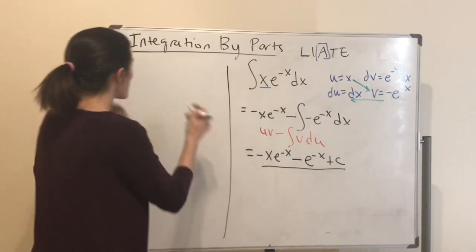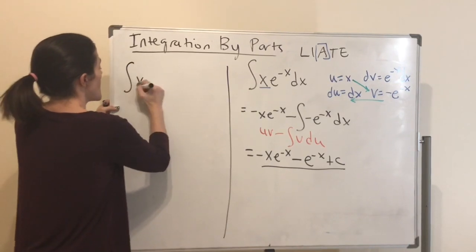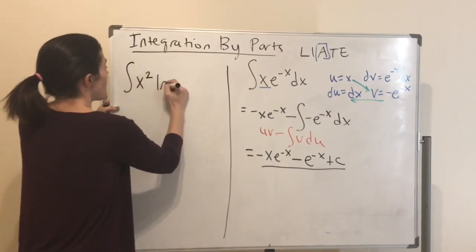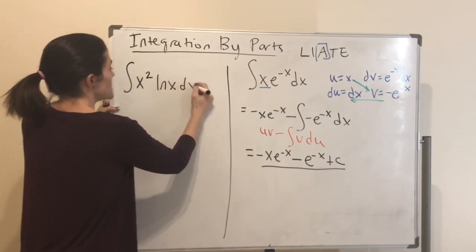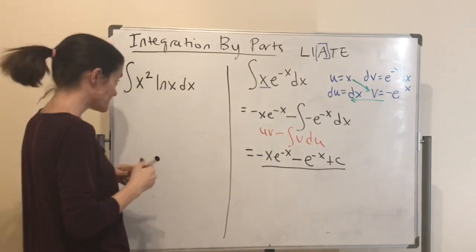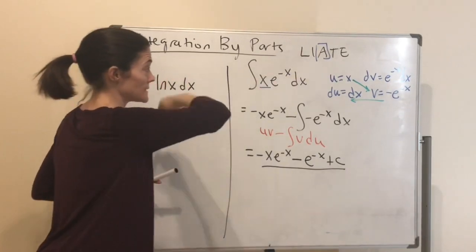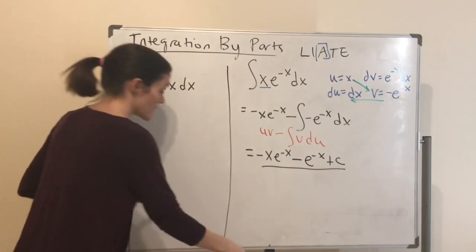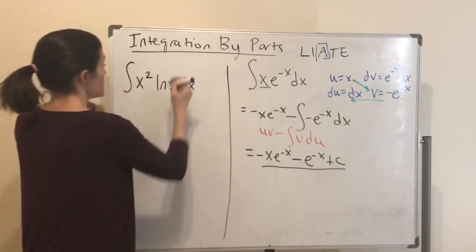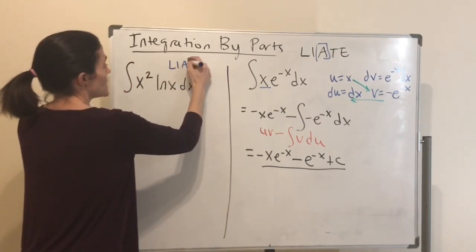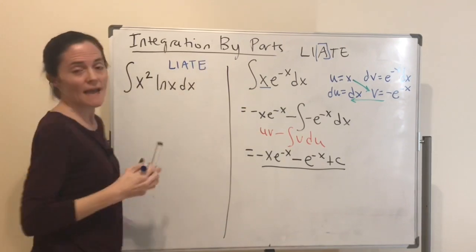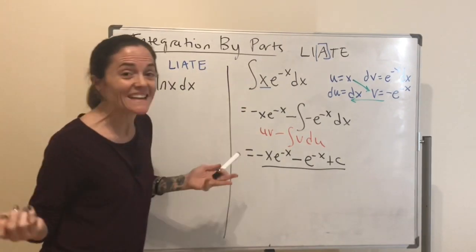So let's do another one. We have the integral x squared ln x dx. Okay, well, if we go through this, LIATE, maybe I should write it for this one because we have a different order here. LIATE. Do we have a log? Well, immediately we do, right?